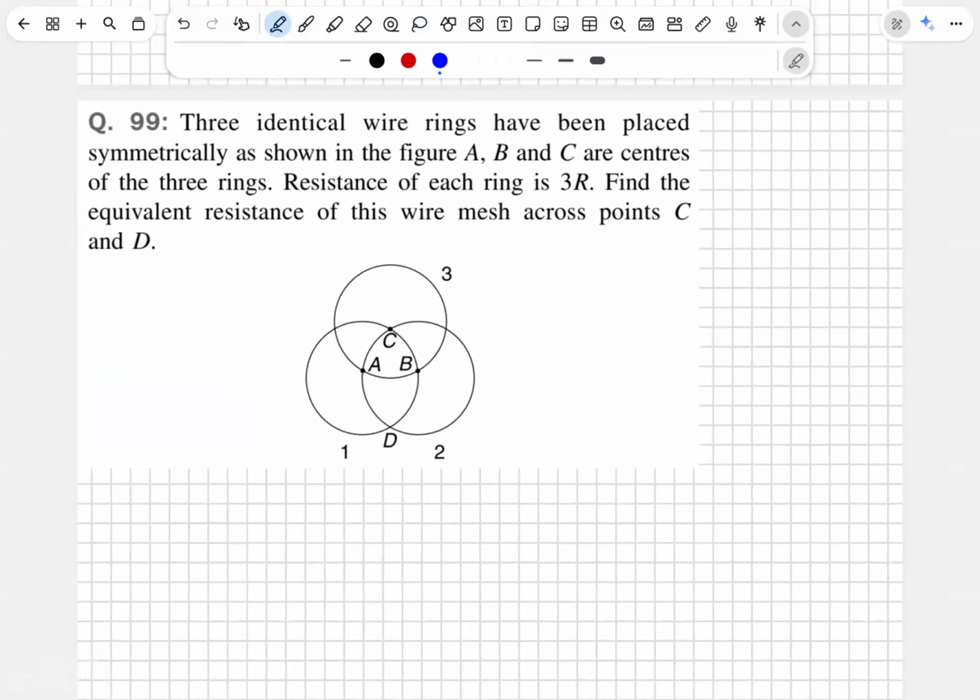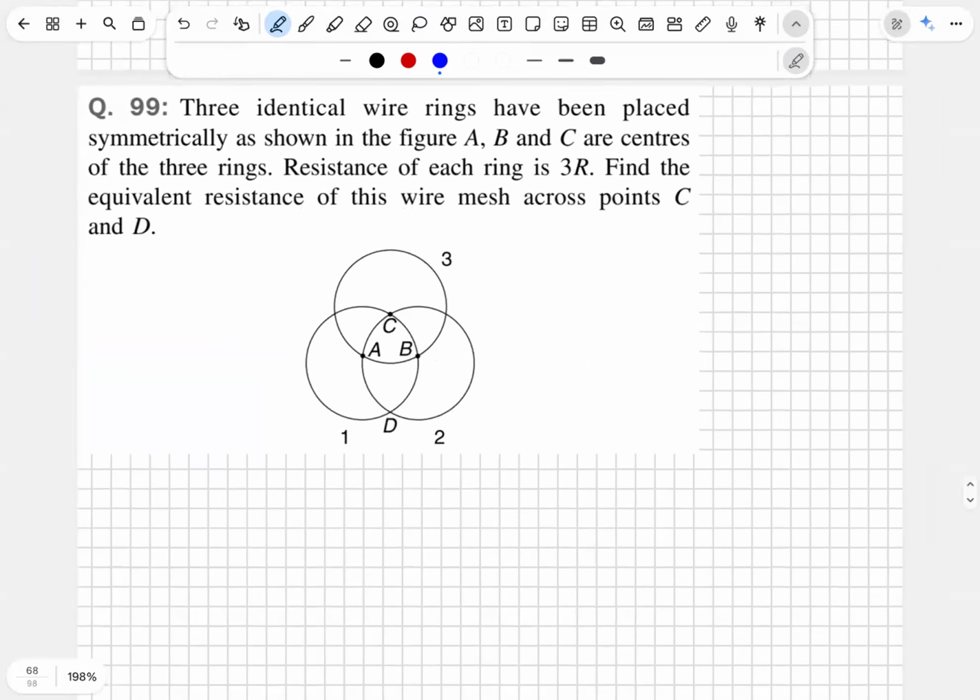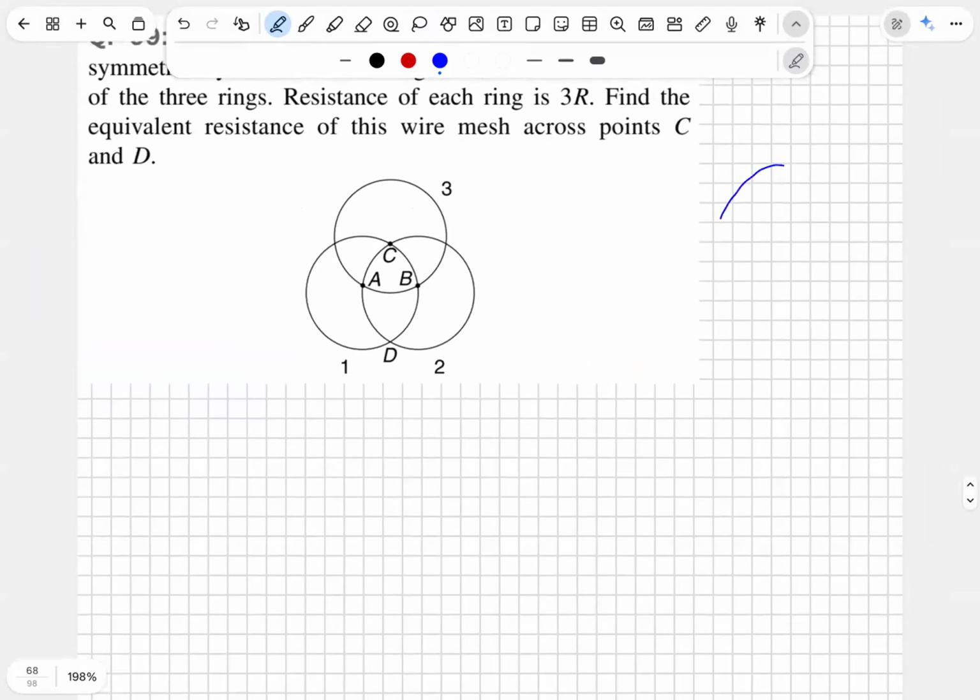Three identical wire rings have been placed symmetrically as shown in the figure. A, B, and C are the centers of the rings. Right? Resistance of each ring is 3R. Please try to understand.